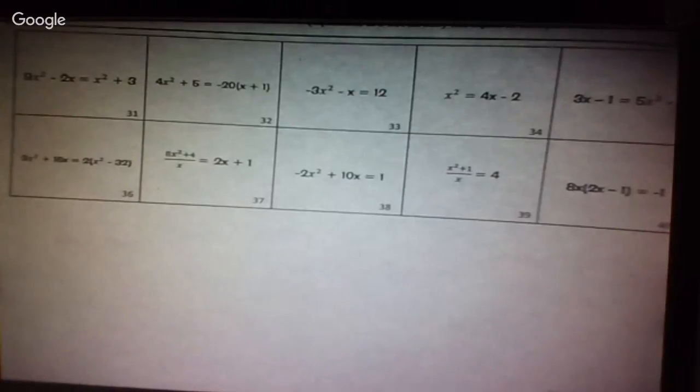So I've got 9x squared minus 2x equals x squared plus 3. I'm still recording, so you have access to it. The first thing you need to do is get this equal to 0. So I need to move everything to one side of the equation. So we want to move x squared across.